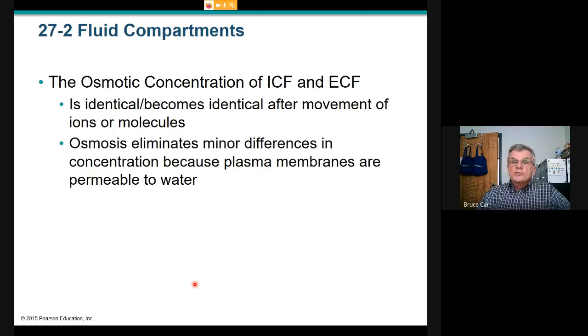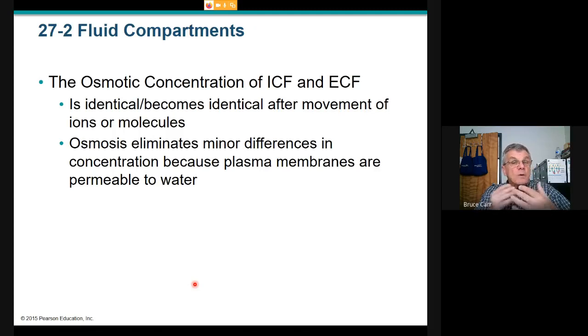Osmotic concentrations are going to be always in balance between the ICF and ECF. Water moves passively. If you have an identical total solute concentration, let me stop right there. When we do something in the chem lab, let's say it says, I want a 10% solution of sodium chloride.